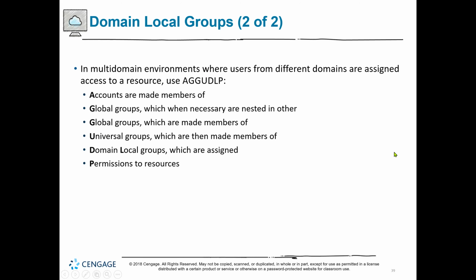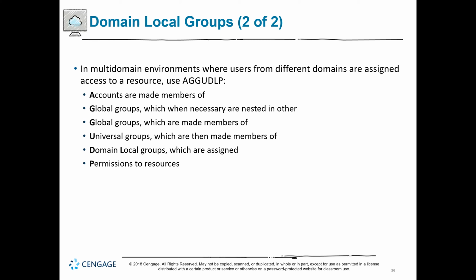And then in multi-domain environments, where users from different domains are assigned access to resources, AGGUDLP. And on these, when they're longer, I make up silly words or sayings, and that's how I remember them.